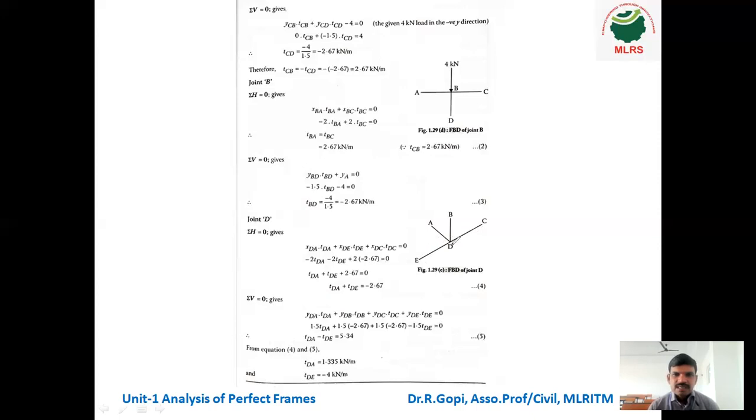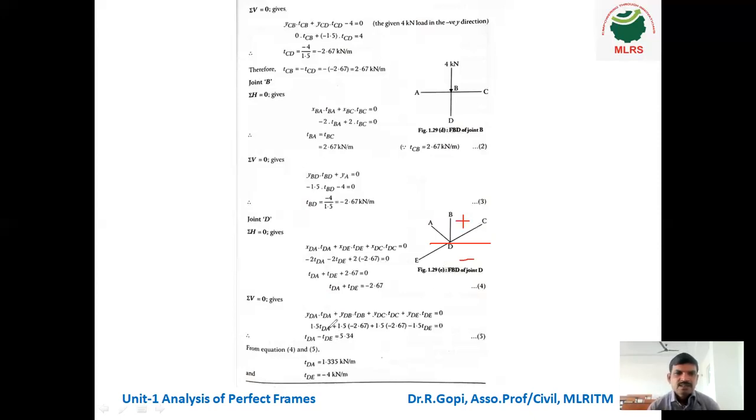Draw a horizontal line on the joint D. Upward is positive, downward is negative. These three members A, B, C are all upward in case of the y-axis, so these three values are positive. And the DE member is downward, below the horizontal line, so it is negative.